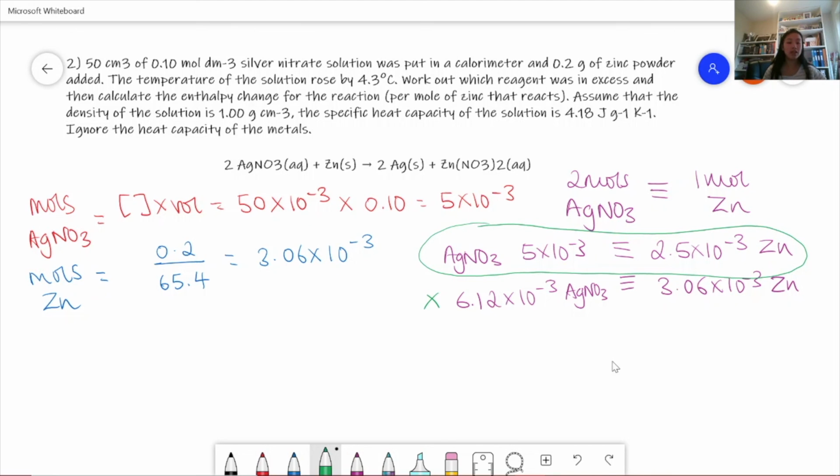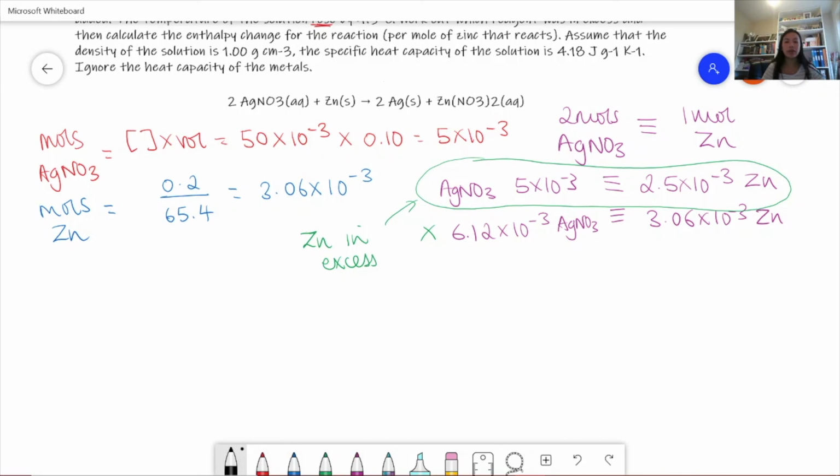And so this also tells us that the zinc is in excess, because only 2.5 times 10 to the minus 3 moles of it reacts, but we've got 3.06 times 10 to the minus 3, so we've got more than what there is to react with silver nitrate, so there's some left at the end.